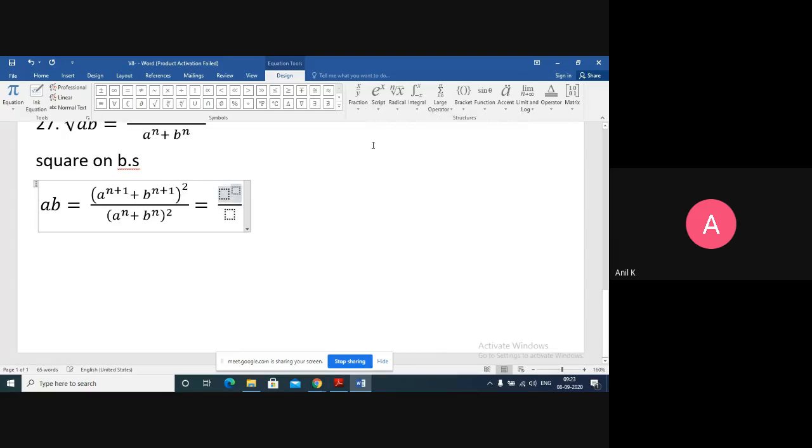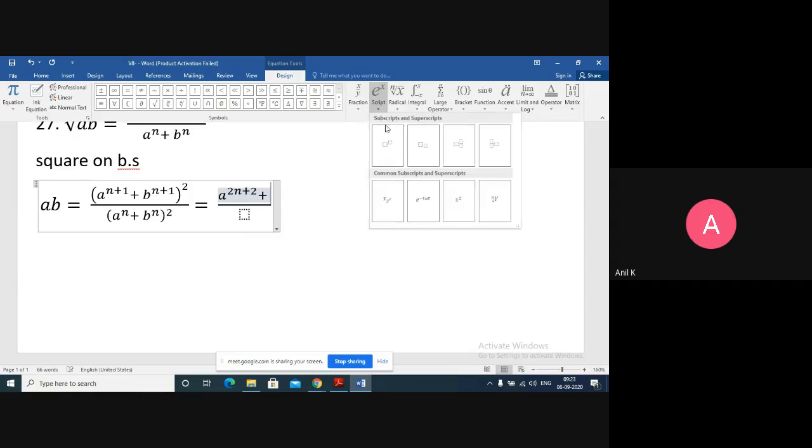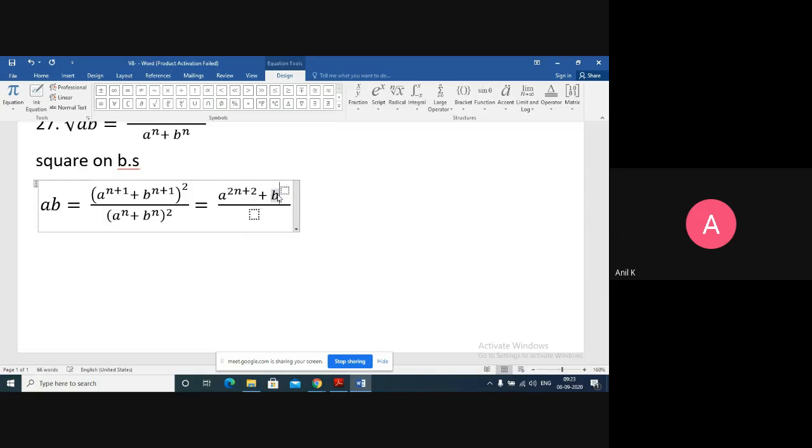So here a square means a to the power of n plus 1 whole square, so I can write this as 2n plus 2 as per exponential formulas. Then next one I'll get as b square, that is b to the power 2n plus 2, plus 2ab, that is 2 into a to the power of n plus 1 into b to the power of n plus 1. This is what I'll get after opening the numerator.